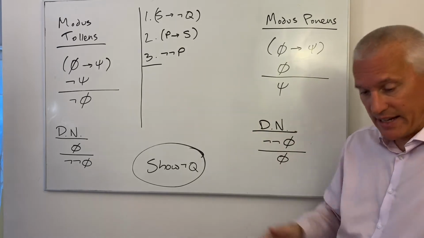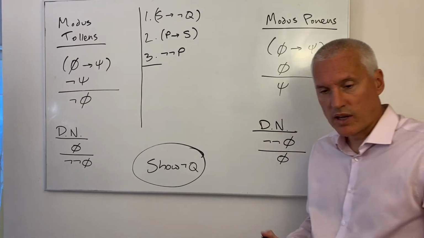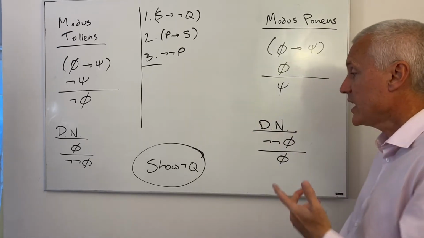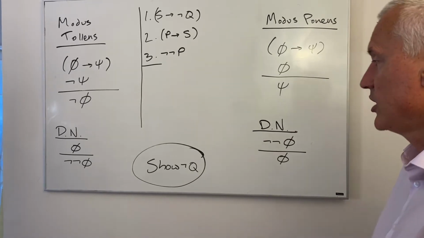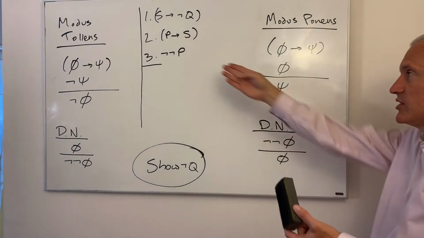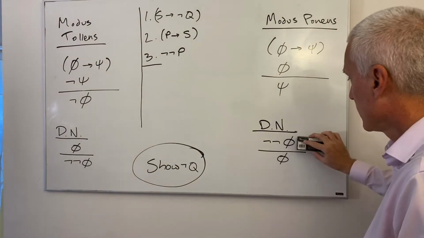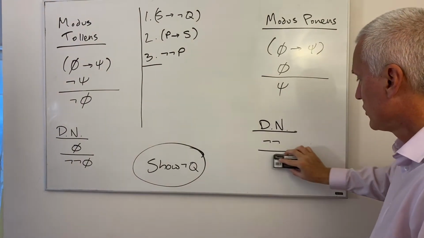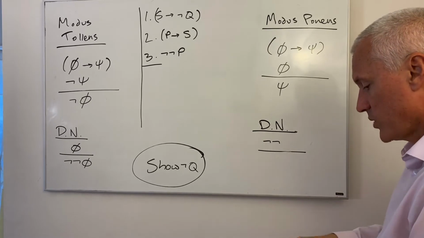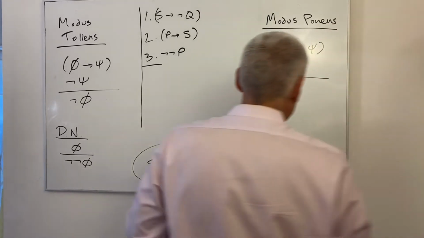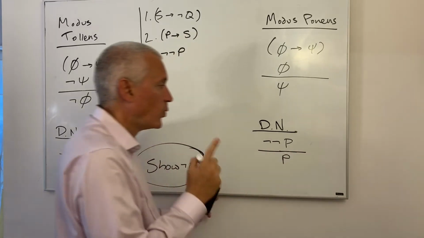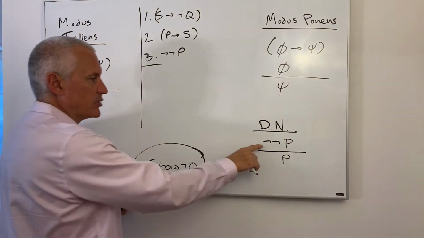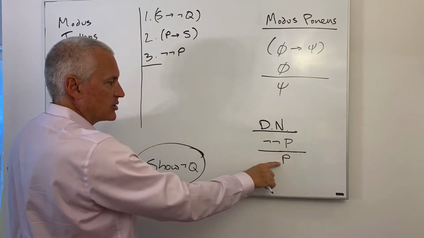So looking at all that, hopefully you use what I call the flail method. Just try different instances of the rules and see if they help you. Whenever I see two nots, I'm thinking like this. Here's an instance of the double negation rule. If I erase phi and I put in here P, the rule says, and the double negation rule just uses one line, it says if anywhere you've written down this line, you're allowed to write down this line.